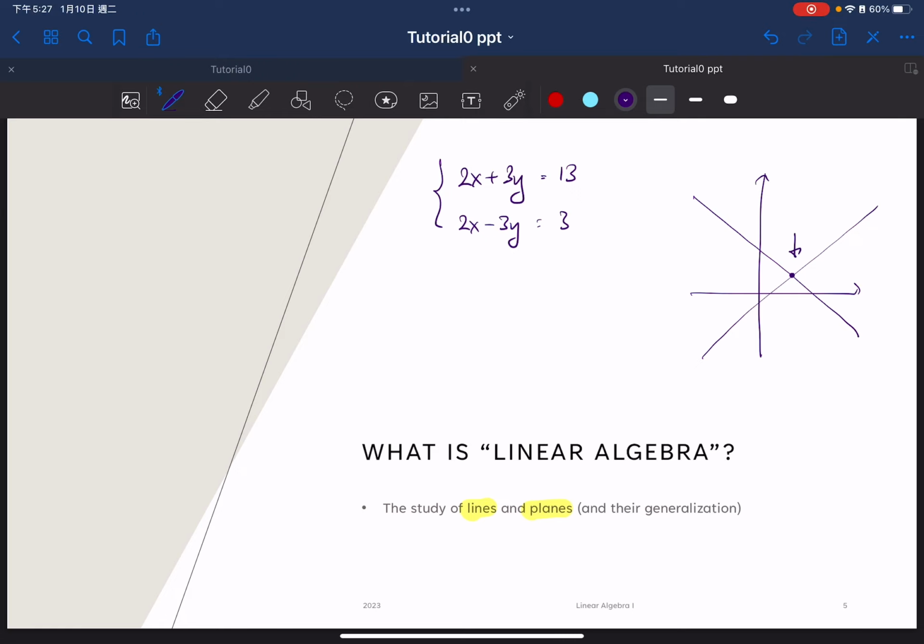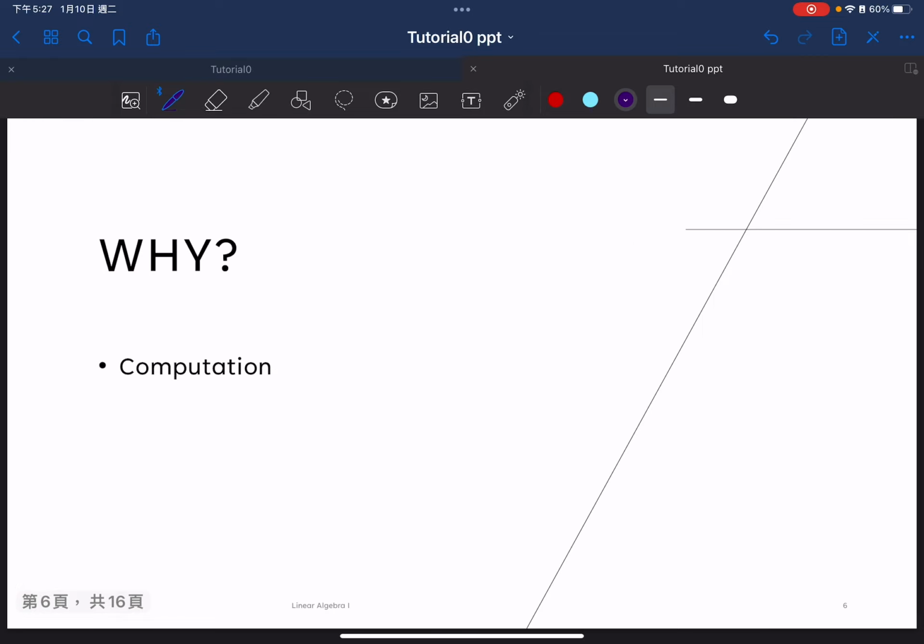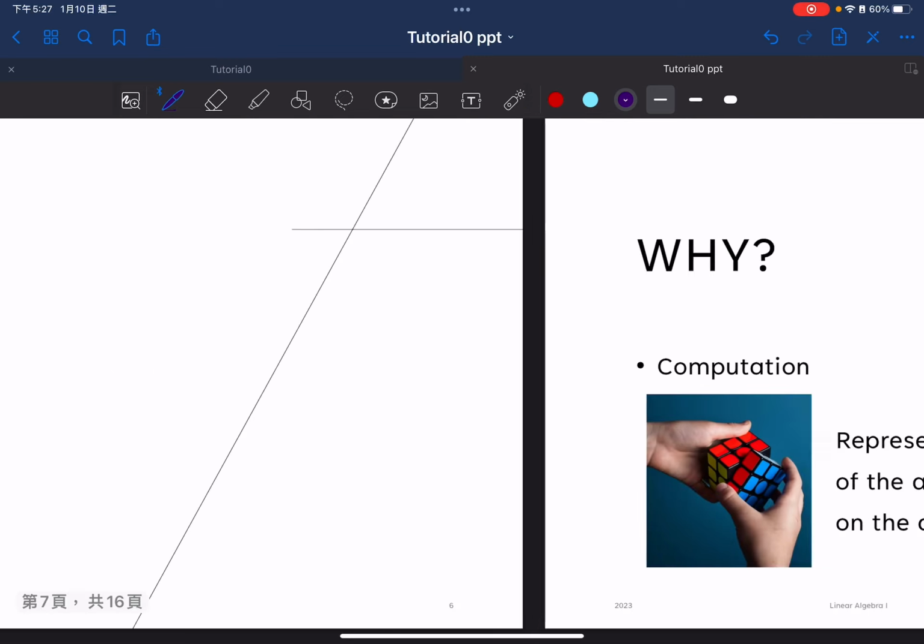After this, let me tell you why we need to learn linear algebra. We all know how to draw lines, and we all know what planes look like. If you hold a piece of paper in front of you, that's a plane. So the first important reason is computation.